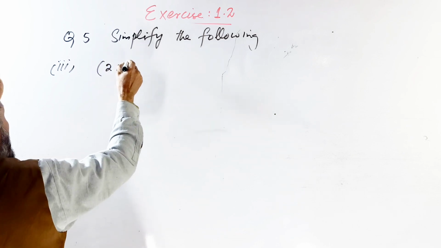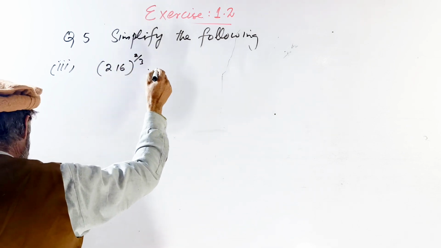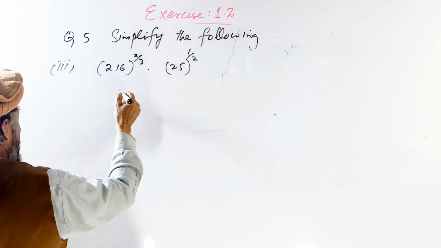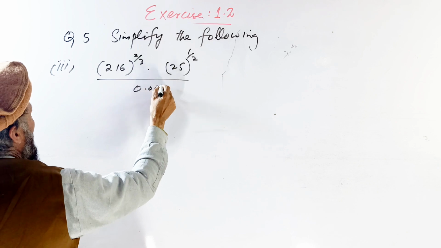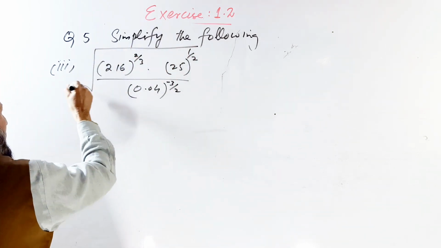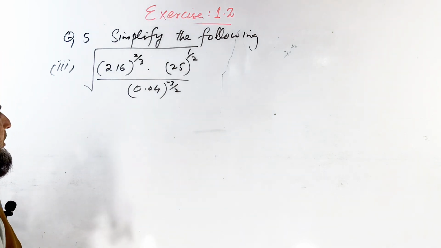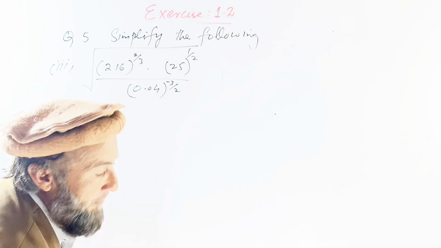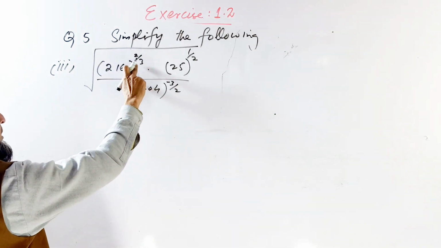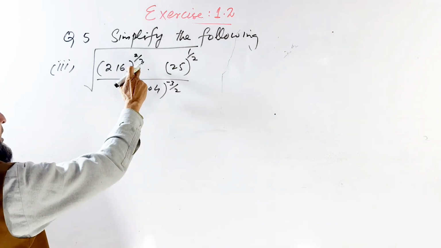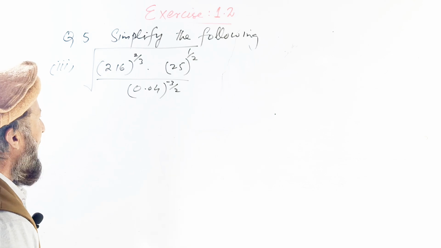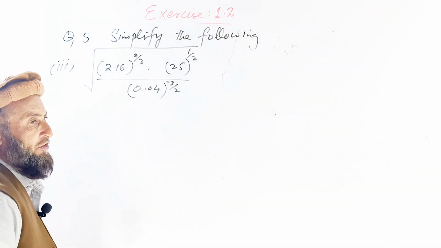216 whole exponent is 2 by 3 into 25 by 2 divided by 0.04 minus 3 by 2. So look here, we have already discussed. From the fraction, this is base and this is power, and the power we check the denominator here is 3. It means that some integer is available. If we multiply 3 times we will get 216.